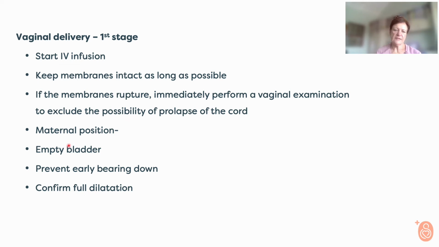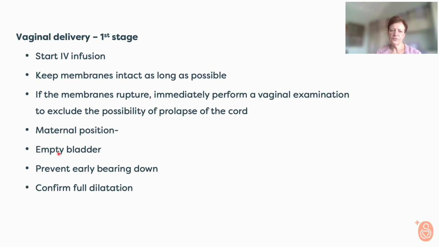But as we have said so many times, the breech, the bum, has a much smaller diameter. So the breech can come past where the head can't. The breech can be born past this full bladder, but when the aftercoming head comes, there's not enough space for the head to come past.